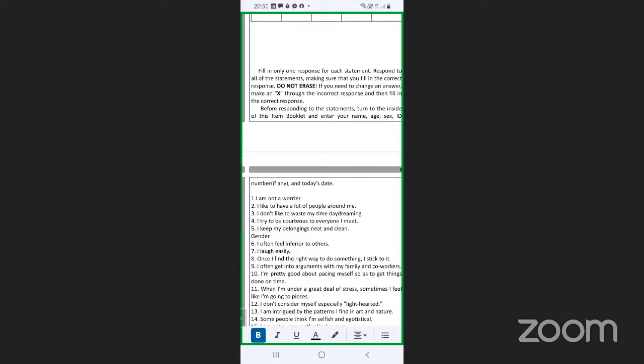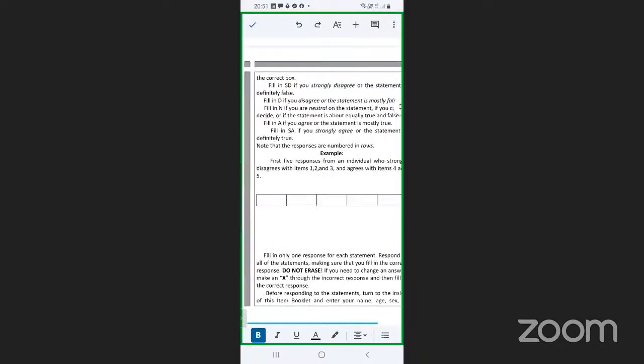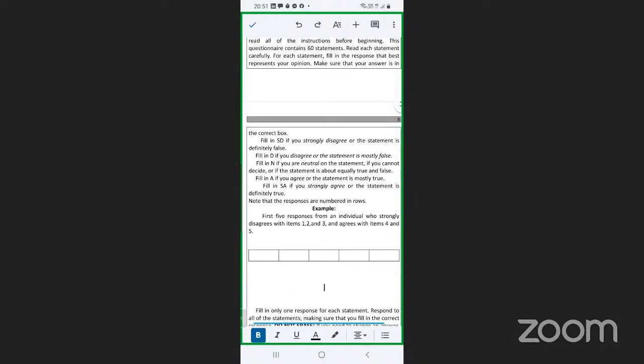You would design the statement in such a manner so that the respondents can easily understand. And your response will be only the 5 points. Maybe it is strongly disagree, disagree, neutral, agree, or strongly agree.